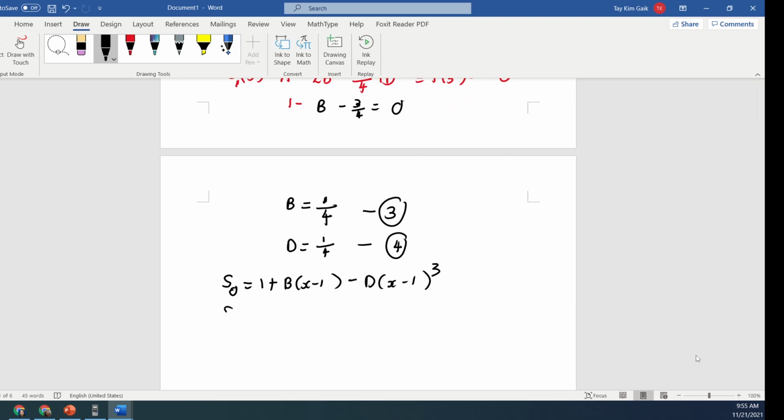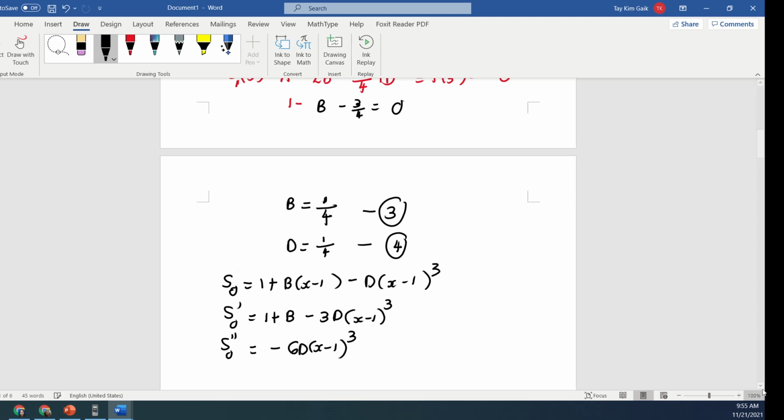If you differentiate, S naught prime is b minus 3d(x minus 1) squared, and S naught double prime is negative 6d(x minus 1).